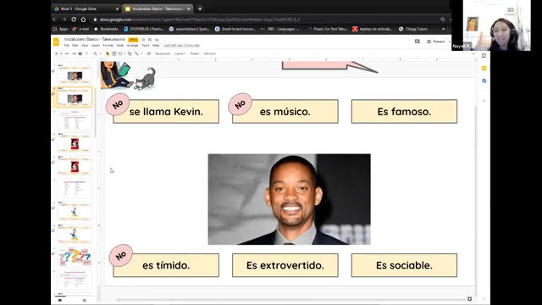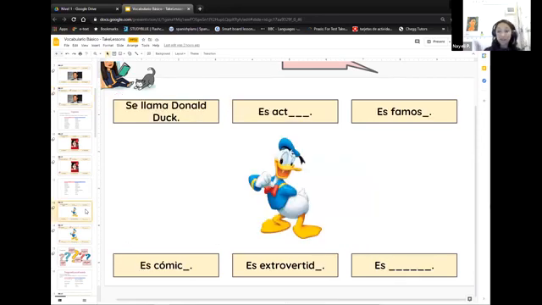Me gusta Will Smith también. ¿Y qué hay de Donald Duck? ¿Te gusta Donald Duck? Escribe en el chat. Write in the chat. Muy bien, chico. Me gusta mucho Donald Duck. Now, one more.